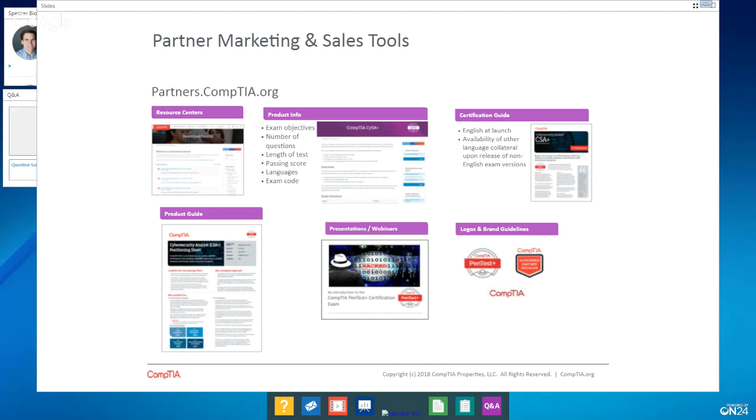Probably by the end of the week, we should have a few more things out there, but you'll be able to download the exam objectives. We are currently working on the new certification guide that will be available. The logos are out there, and you can look forward to other marketing materials that will be found there.